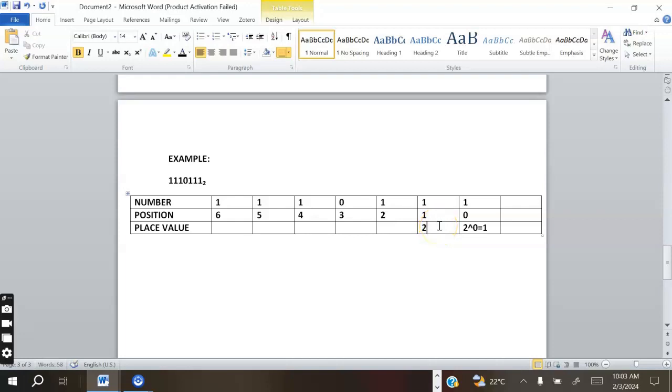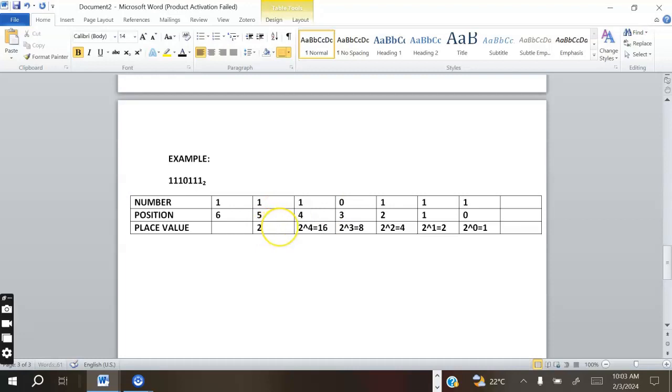2 raised to power 1 is supposed to give us 2. 2 raised to power 2 is supposed to give us 4. 2 raised to power 3 should give us 8, and 2 raised to power 4 should give us 16.